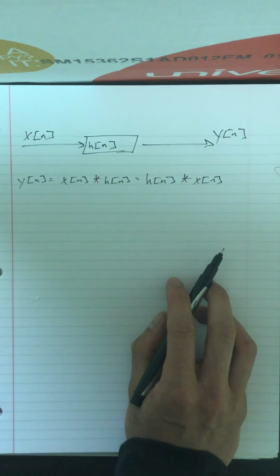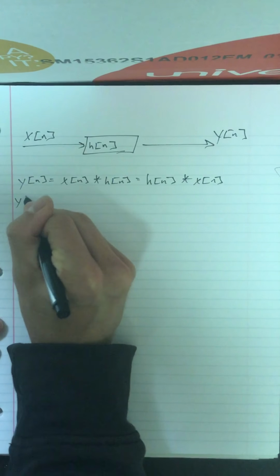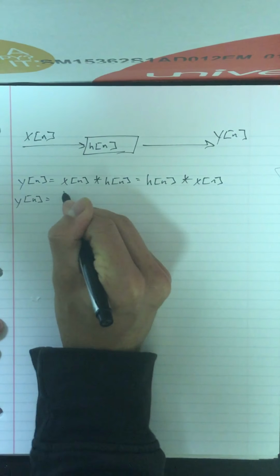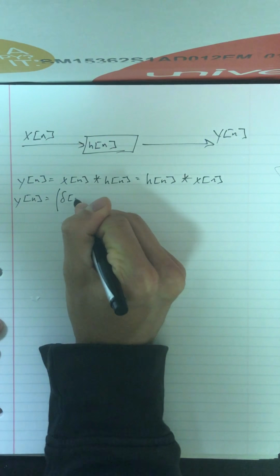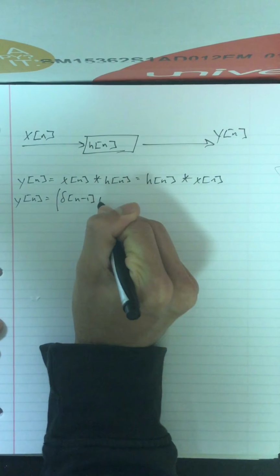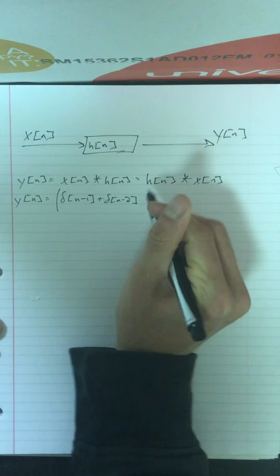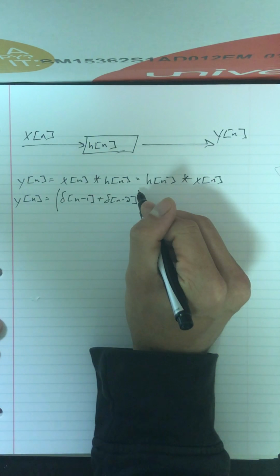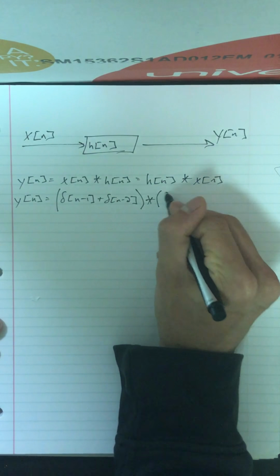So, let's go ahead and do this problem. y of n equals the input convolved with the impulse response.